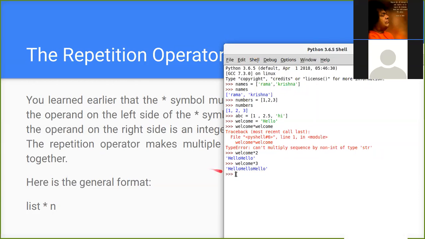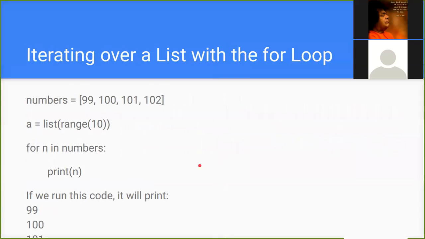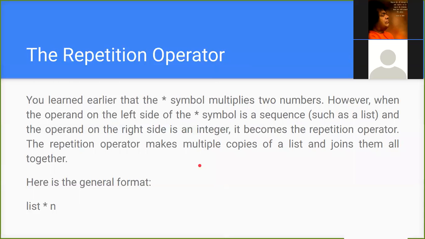So we can perform the multiplication operation not only upon integers, floating point numbers, and strings, but also upon a list. Let's see what we can do with the repetition operator.